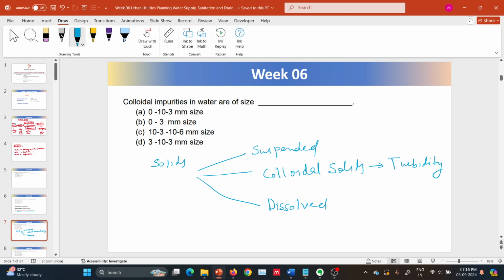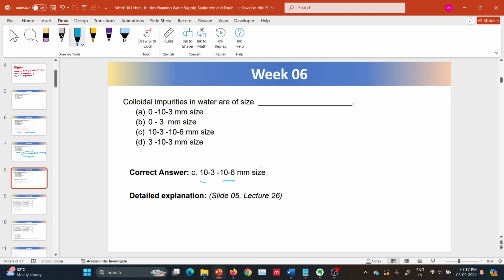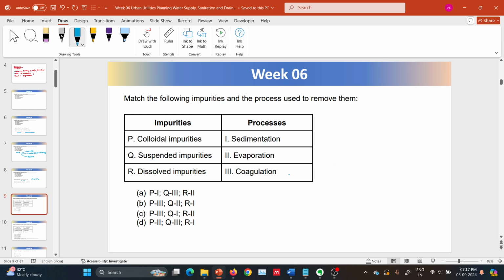The size range is in between suspended and dissolved. So their size range will be 10 to the power minus 3 to 10 to the power minus 6 mm. This is their size.